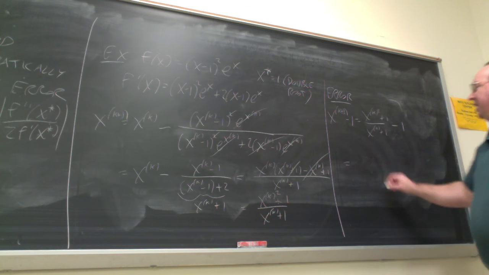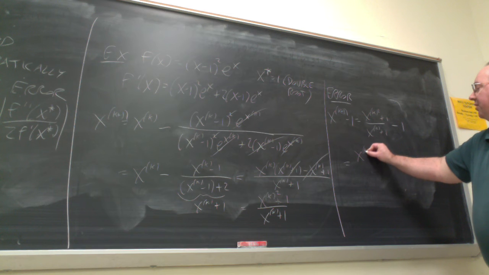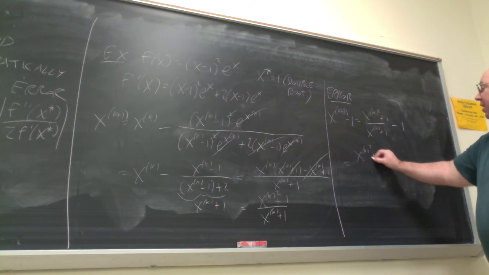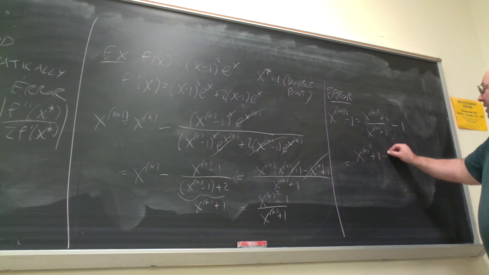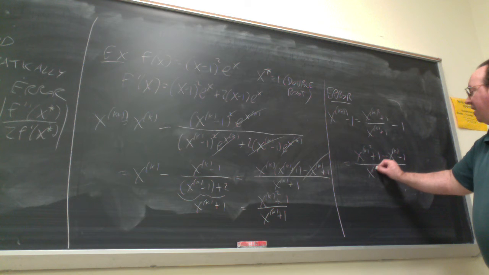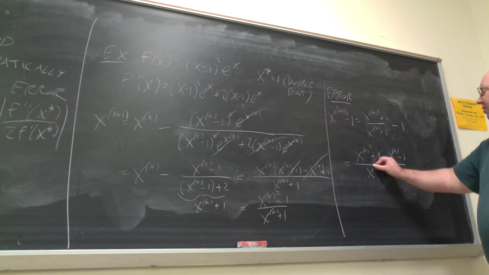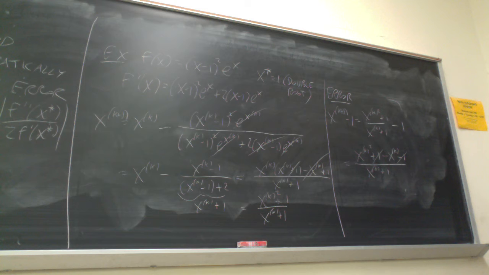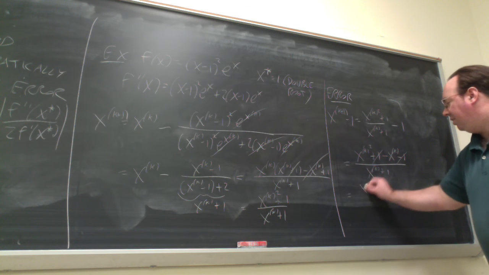So what that will give me is xk squared plus 1 minus xk minus 1 all over xk plus 1. And then these cancel, and I can factor an xk out of the numerator.